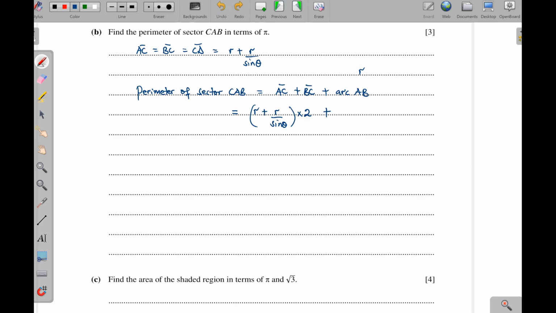So I'm going to have the radius of that arc. The radius of arc AB is equal to CD. You check here.